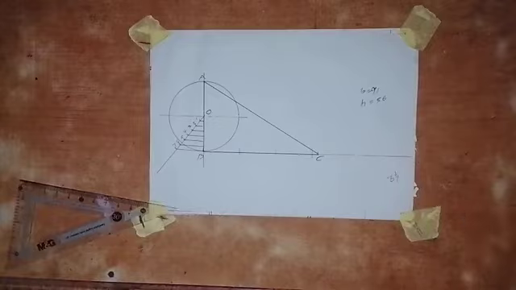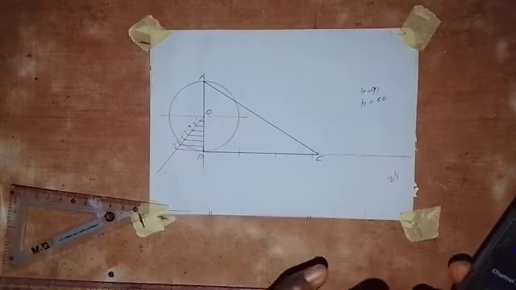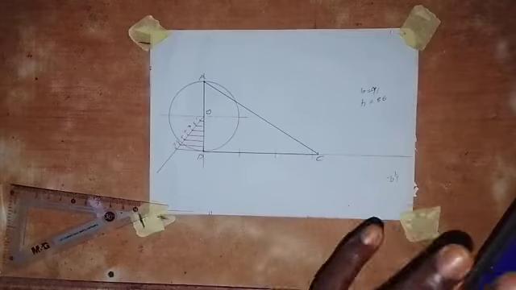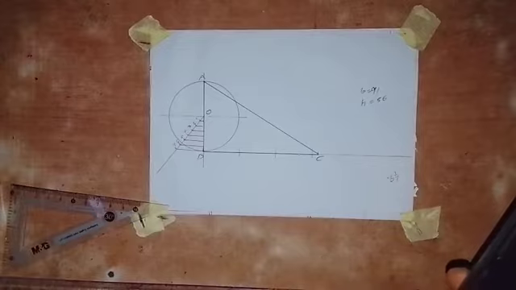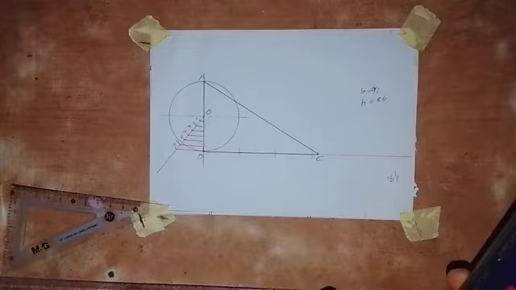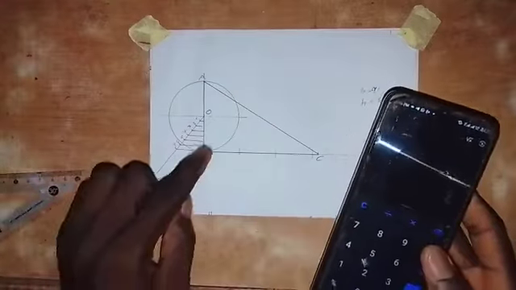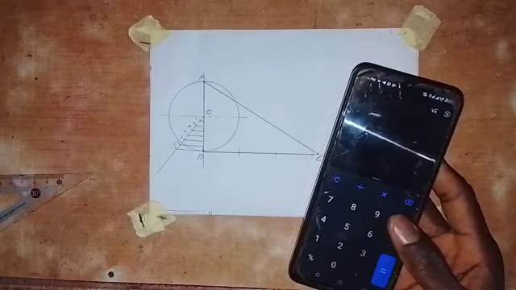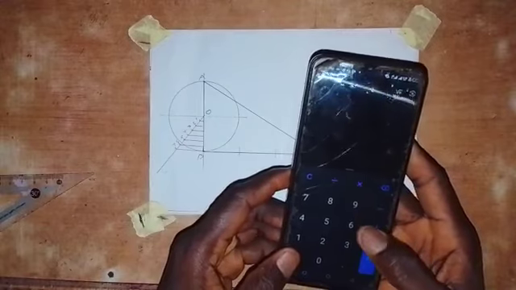Then for me to calculate the area of the circle, let me take my phone. We use a calculator to do that. All right, so I have my calculator here. The area of the circle is pi r squared.